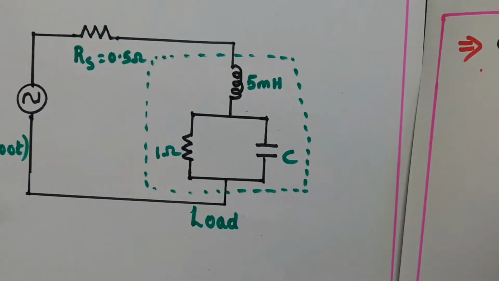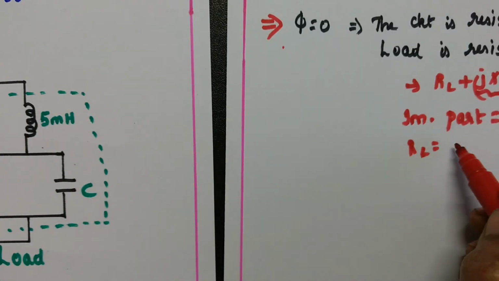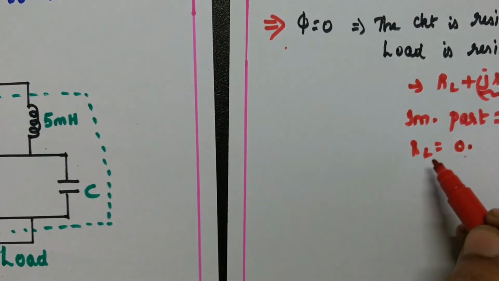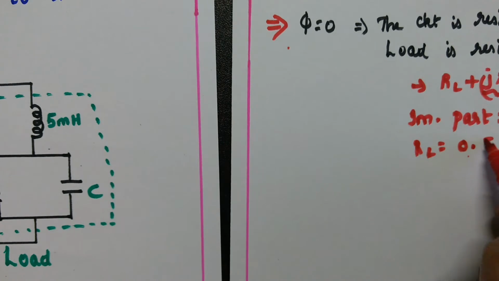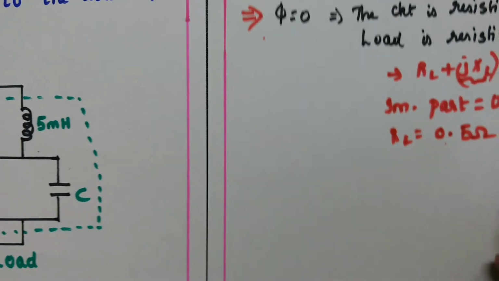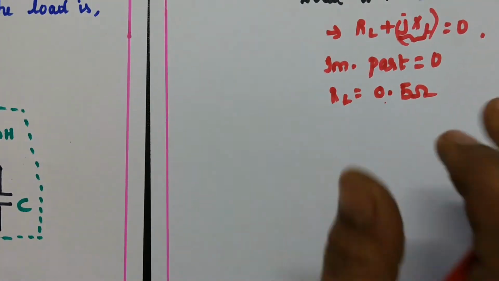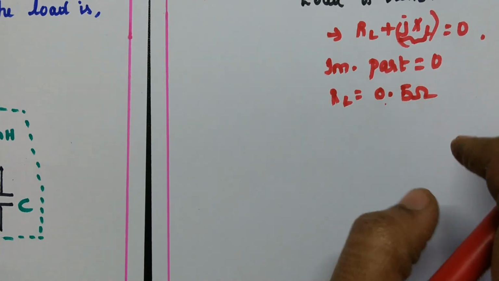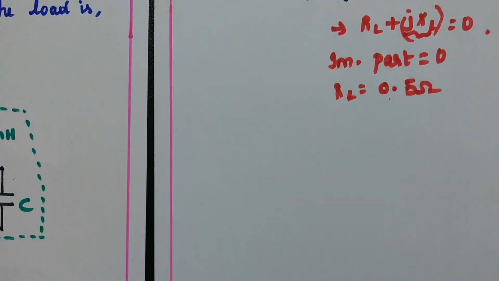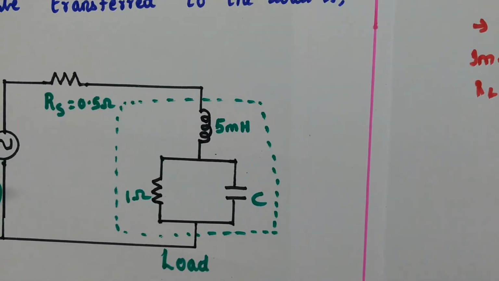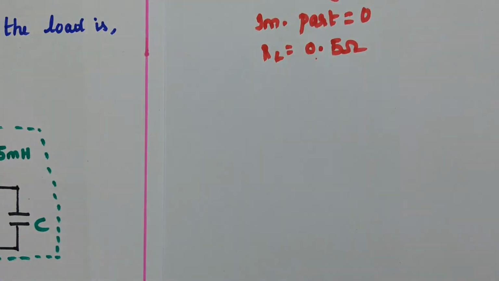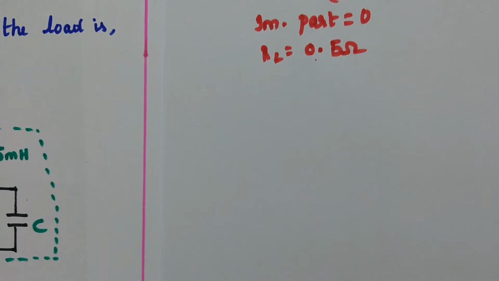So here RS value is given as 0.5 ohms. So RL, the real part of the load impedance, will be equal to 0.5 ohms. So this is the condition to find out the capacitance value. First we will find the load impedance and we are equating that real part equal to 0.5 ohms here.